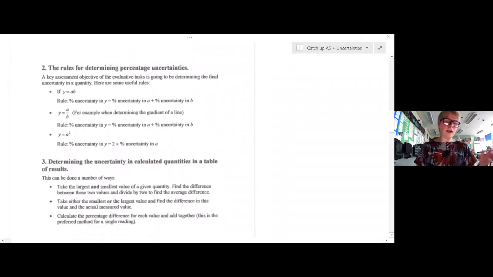Now, what happens if you have a percentage uncertainty in say, a length value and a percentage uncertainty in the width value, and you want to find the percentage uncertainty, say, in the area? What you have to do is, because you're timesing, say the A is the width and say B is the length, so Y is my area, and I've got to times the width by the length.